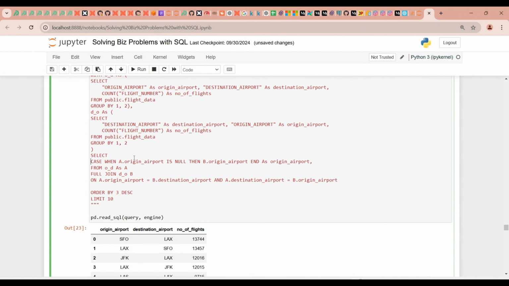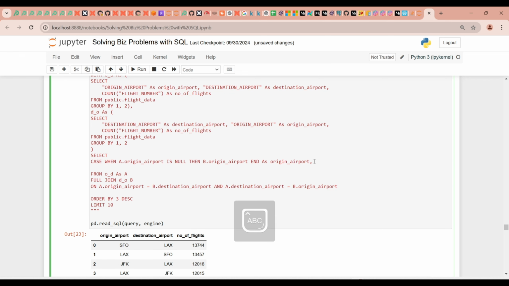Also, case when A dot destination airport is null, then B dot destination airport, else A dot destination airport, end as destination airport.